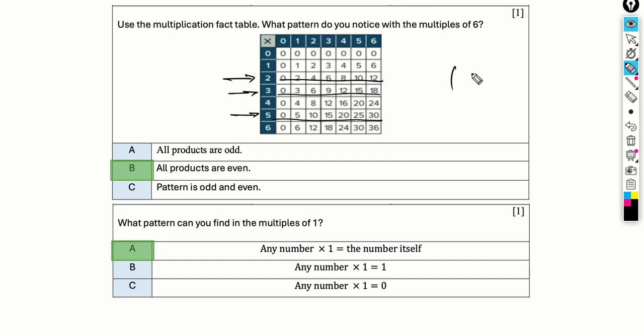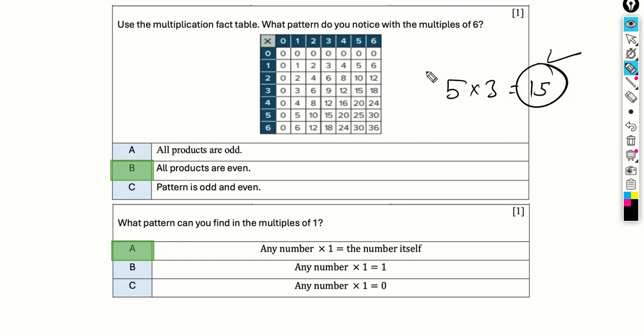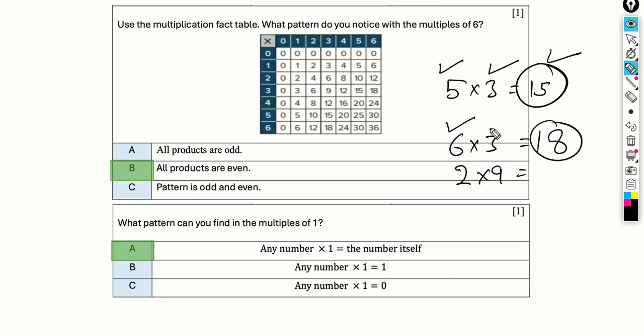So if somebody says 15, this is a multiple of 5, because 5 times 3 is 15. So 15 is a multiple of 5 and 3. If I write 18, you can get 6 times 3. Is there any other way? 2 times 9. So 18 is a multiple of 6, 3, 2 and 9.